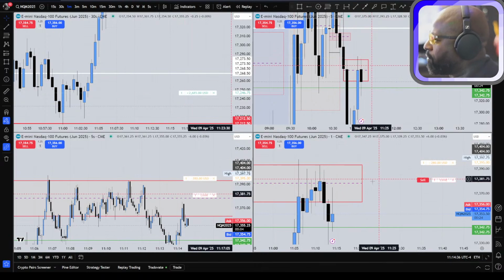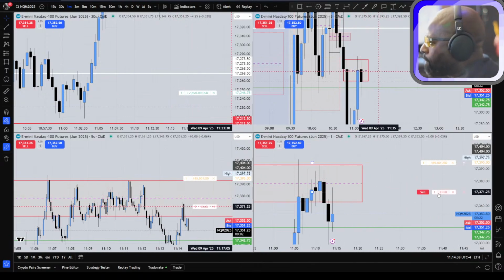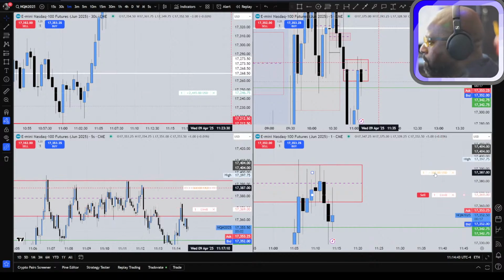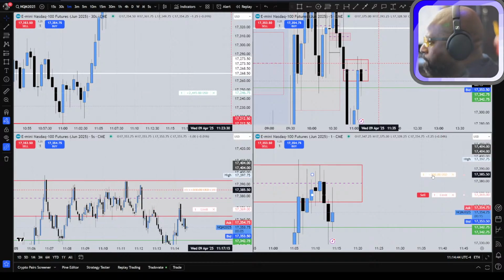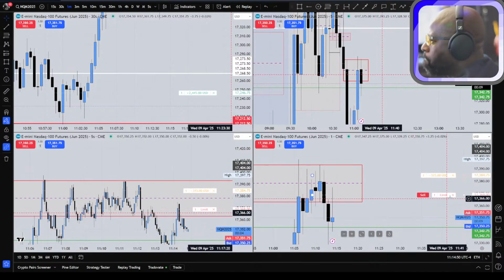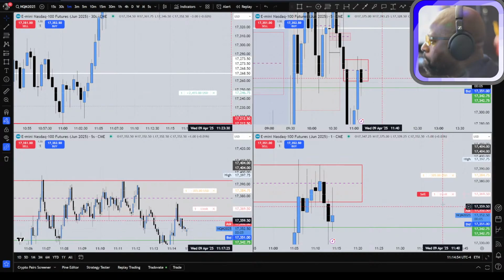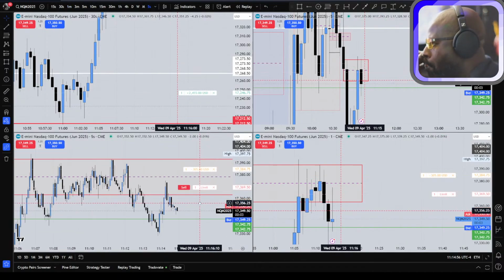Yeah. So for me, if I wanted to get into this trade, I would have to find the middle of this wick. My stop loss would have to be here. And that's it.